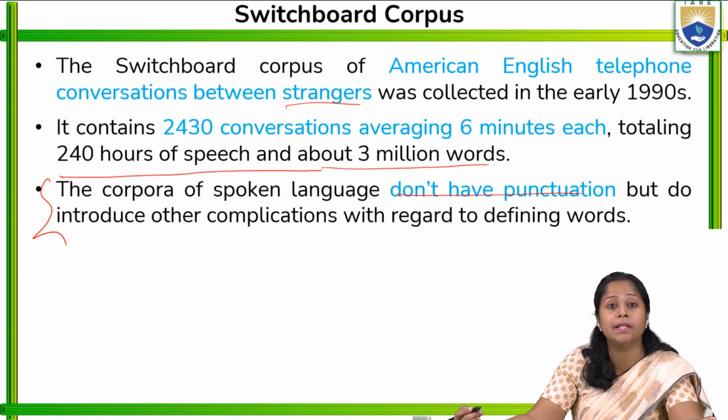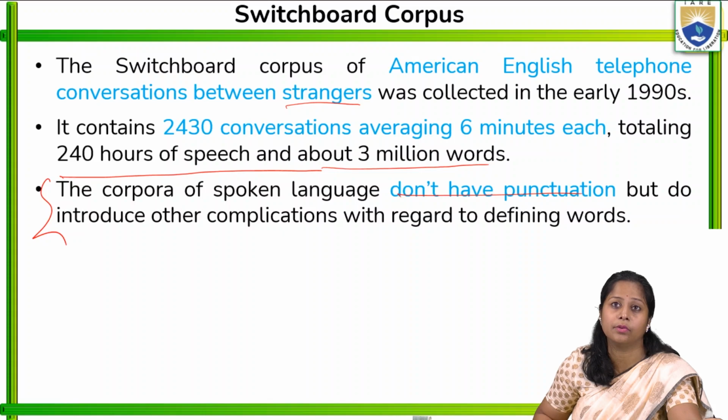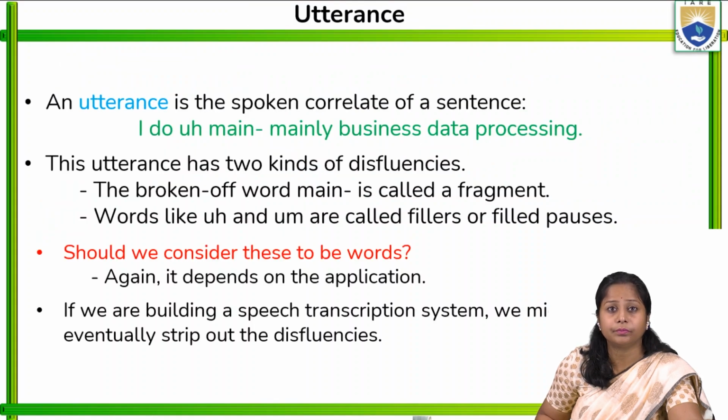But when somebody is speaking, the speaking style is going to be neglected by the users. So we need to understand those complications, and we need to define different functionalities for those. That was the spoken word corpus that we discussed.